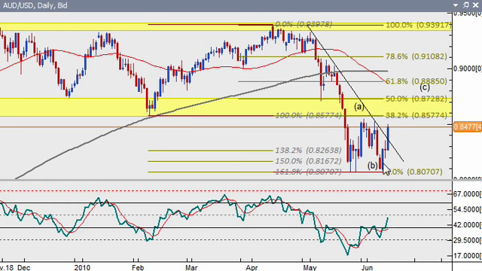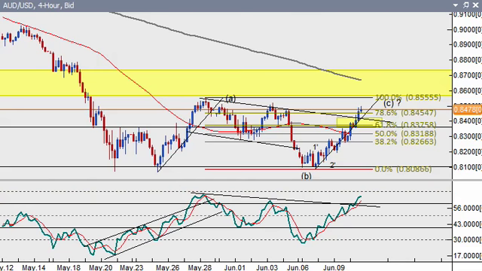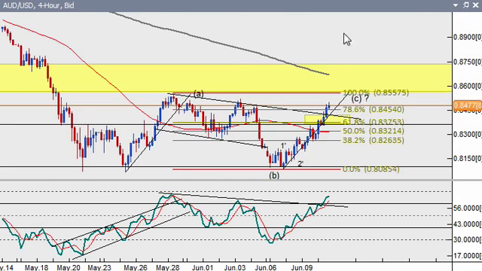Or it could be a more complex impulse wave. So looking at the 4 hour time frame, you see equality, A, B, C is about to be reached. So there at least is some resistance here at 0.85, 85.50. You see that it's also near this 200 moving average and of course the previous high.